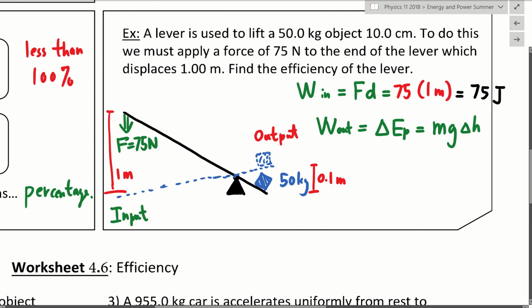So the work output is equal to the mass of the box multiplied by gravity multiplied by the height, which in this case is 0.1 meter. At the end, 49 joules in total. So 49 joules is the output.